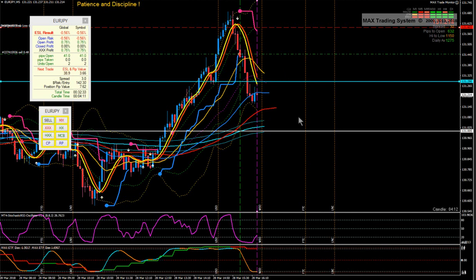Robert is asking a good question. Emotionally, why do I want to jump out of a trade just because there is a profit and a blue candle? Yeah, indeed. Once a trade is open, as long as the price moves in the direction of the trade, in this case in the direction of the trend, we see the profit increasing.